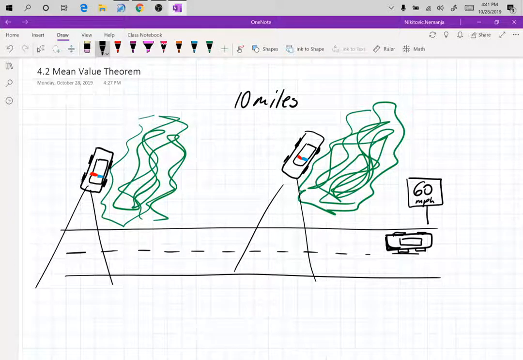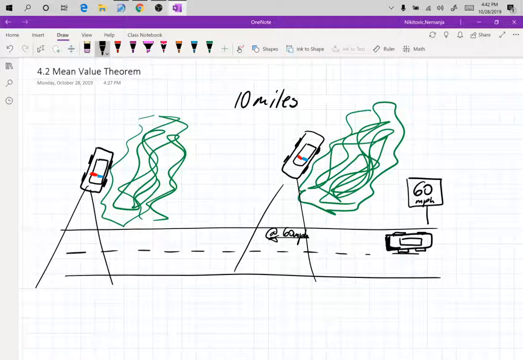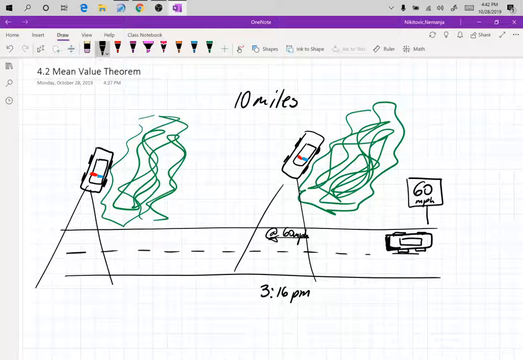They're 10 miles apart. And since you invested in one of those radar detectors, as soon as you approach the first speed trap, it's going to go off, and you are going to go through the speed trap at 60 miles per hour at, let's say, 3:16 p.m. And you are not going to be pulled over, because the speed limit is 60, and you drove 60 through the speed trap and there are no issues.